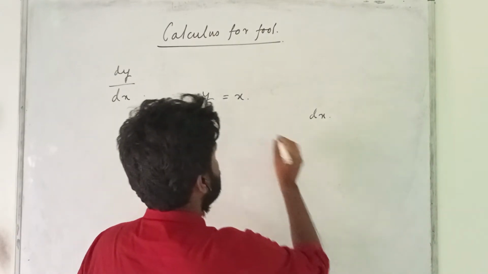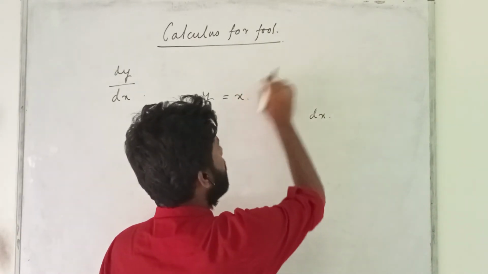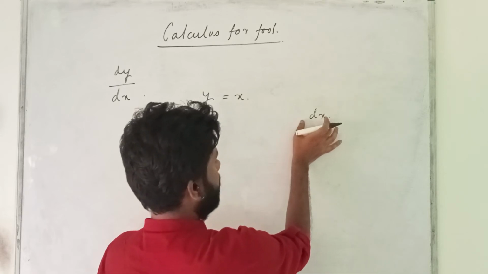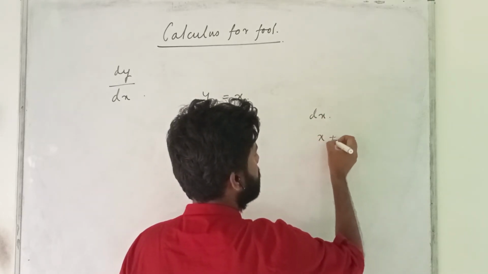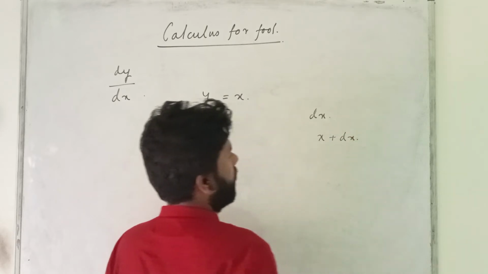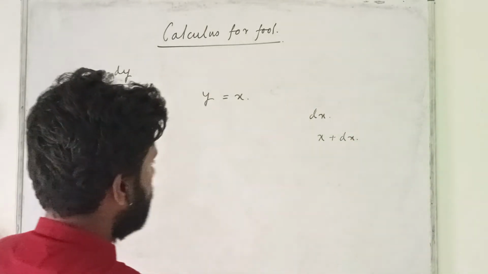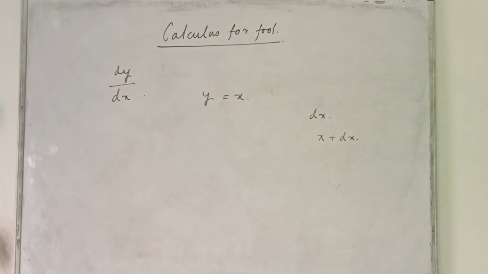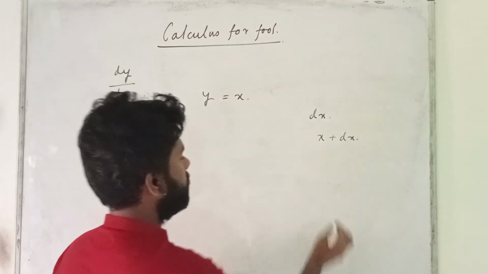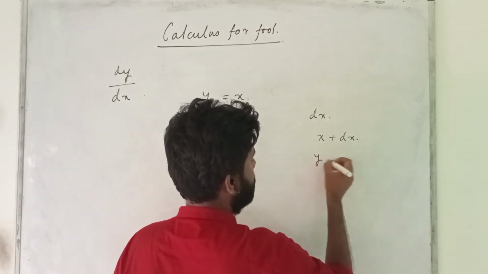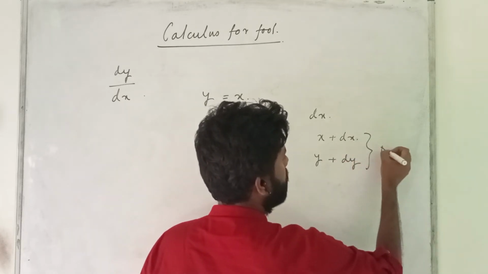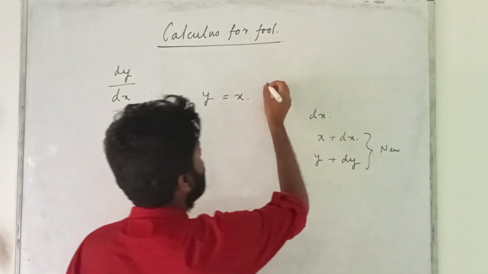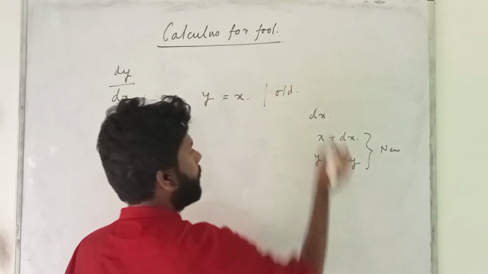So if I increase x by around dx, the new x becomes x plus dx, right? And from this change, y should be changed, and the new y becomes y plus dy. Okay, this is the new; these are old and it is new.